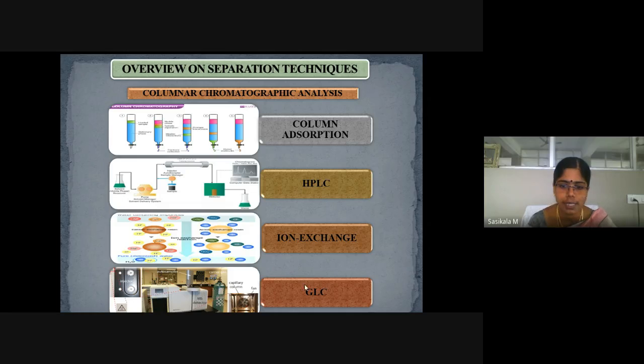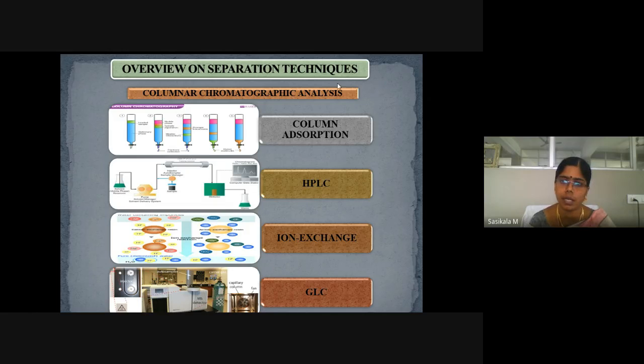In GLC, gaseous molecules are separated. We can call HPLC liquid chromatography and GLC gas chromatography. And column adsorption, the open column, is called open column chromatography, where we can isolate samples from bulk amounts of mixtures like herbal samples. So column adsorption is mostly applicable for herbal samples, where we can isolate individual molecules from multiple mixtures, herbal mixtures.